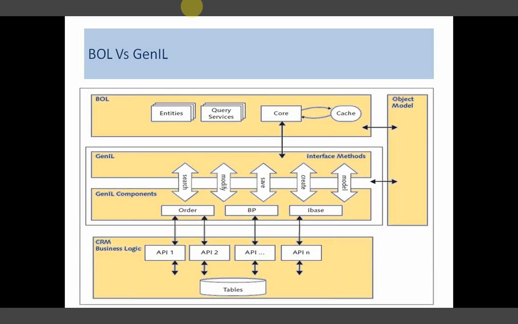In the future we will be coding how to accept the query and how to fire the query services to the underneath layer. So BOL is more into ABAP programming. The next one is entities. Entities contain the exact data.